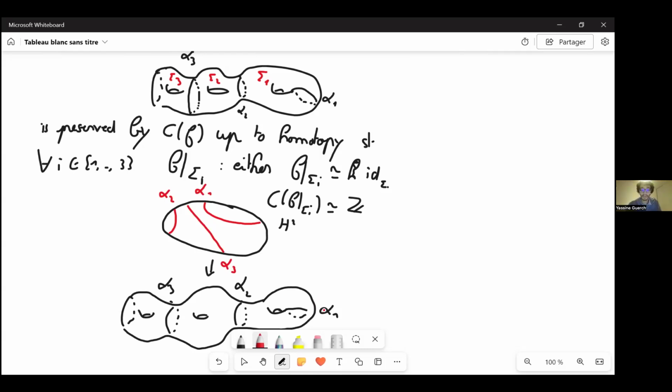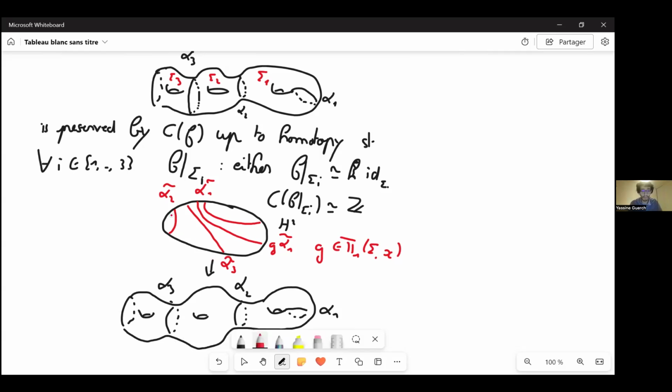But you can also look at all the orbits of the lifts of alpha i by elements of the fundamental group of the surface. Then you can also look at g alpha 1 hat, where g is in the fundamental group. Remember that it acts on H2 by deck transformations, and g sends a lift of alpha 1 to another lift of alpha 1.